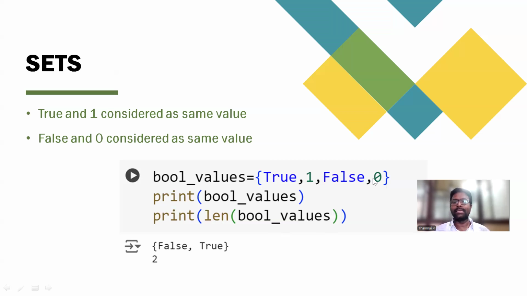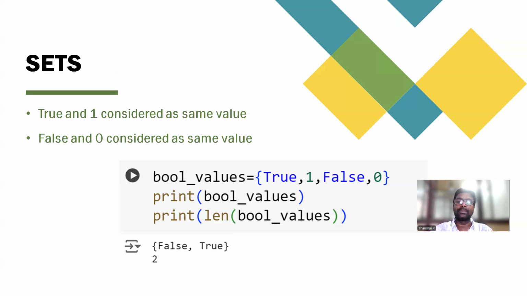By seeing it, we might think there are 4 elements, so the length would be 4. But it's not 4, because true and 1 are duplicate values taken as only one, and false and 0 are also duplicates and take only one. So the total number of elements in the set is only 2. Whatever duplicate values are there will be ignored. It will consider only unique values.